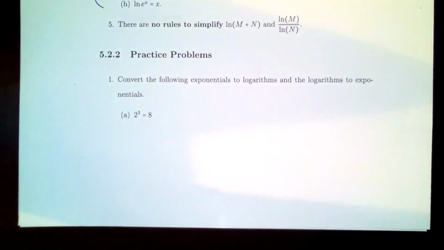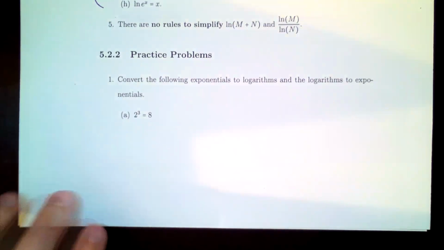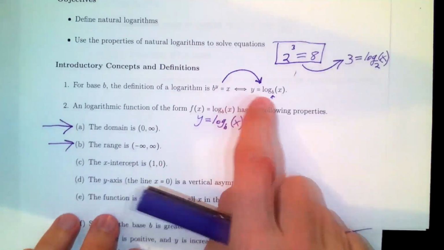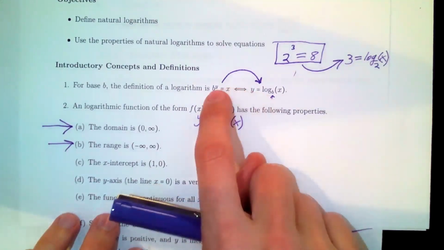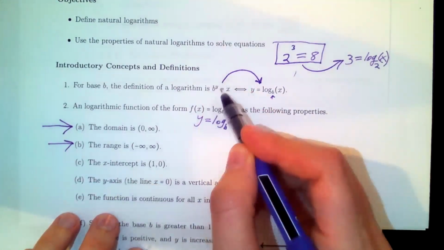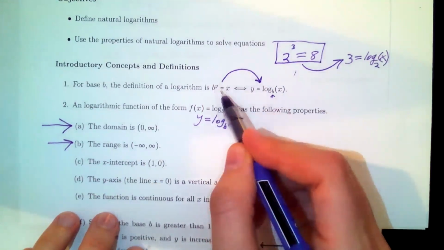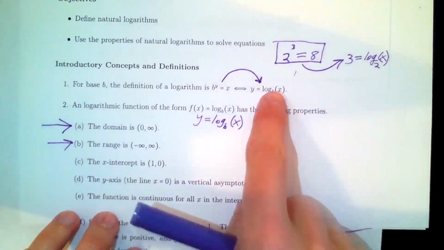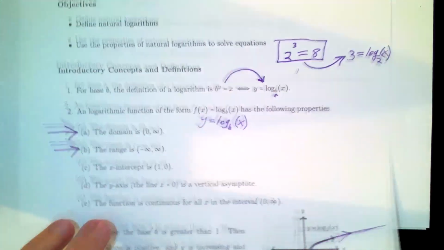It says convert the exponentials to logarithms and the logarithms to exponentials. So we want to use this translation statement, and they want us to translate from one statement to the other, from one language, so to speak, to the other, back and forth. If you have one in one language, translate it to the other.